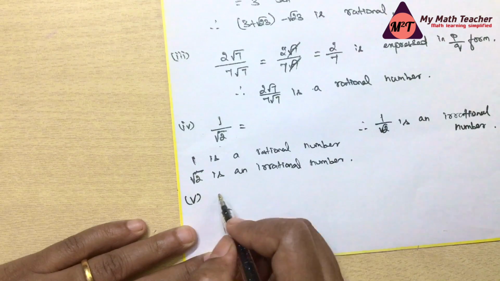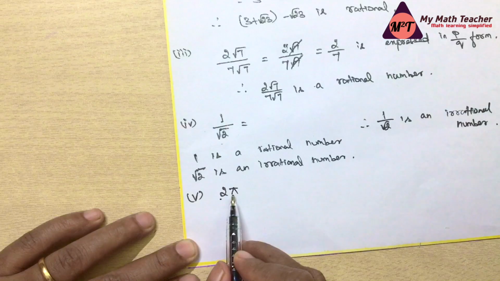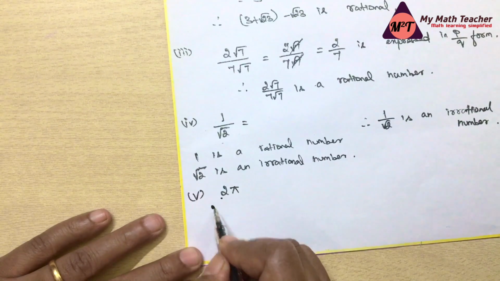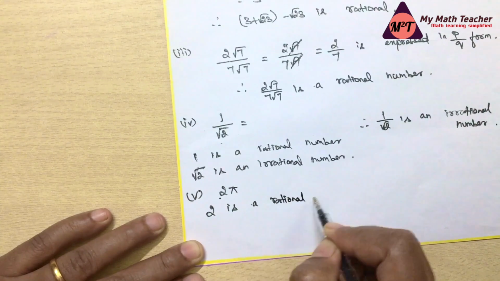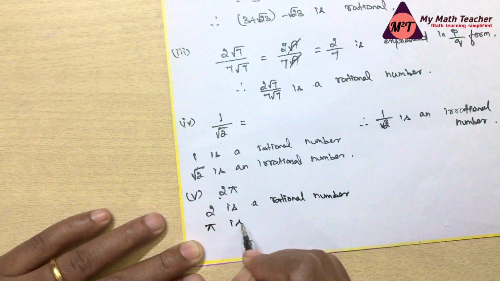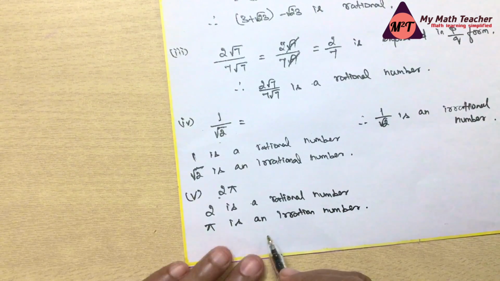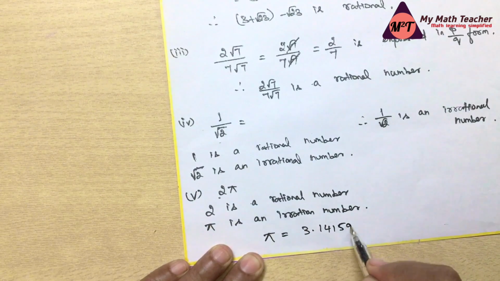The last subdivision, that is 2 pi. We know that 2 is a rational number whereas pi is an irrational number. We know that pi is equal to 3.14159. It goes on.